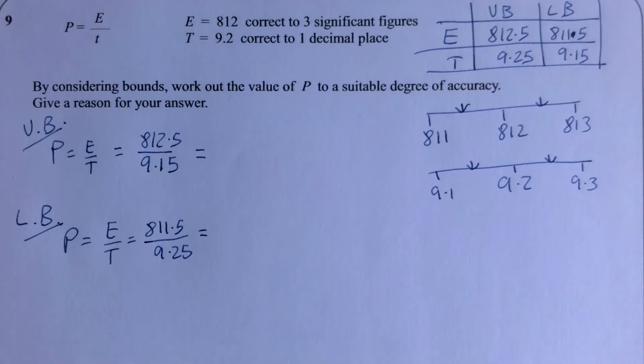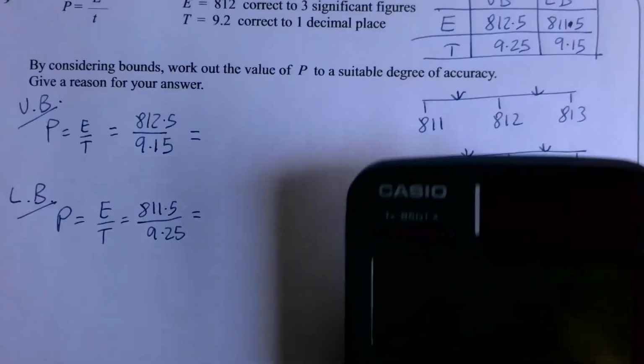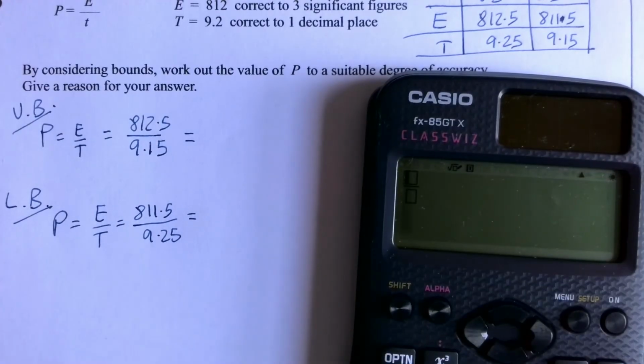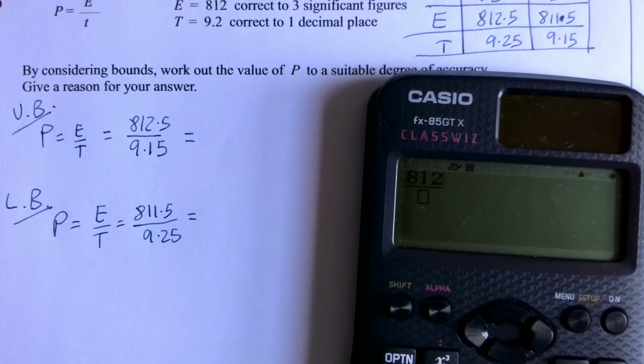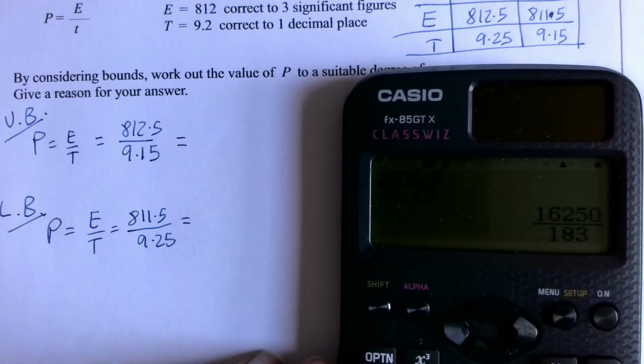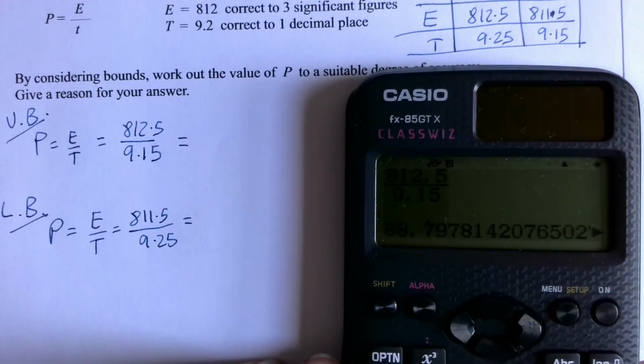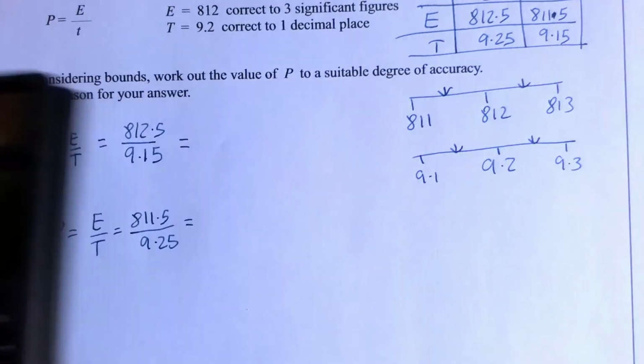So if you put those into your calculator, you should find that what you get is, over 9.15, that gives us 88.7978.